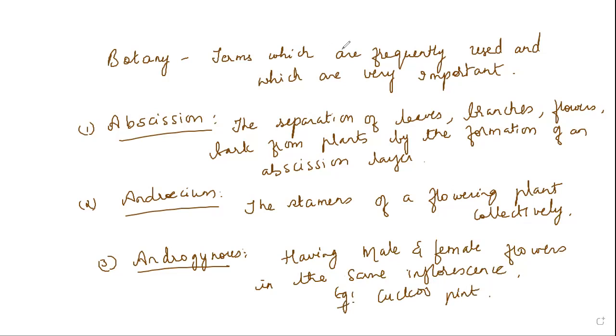Biological term, that is botanical term. Fourth one, we'll discuss briefly about anther. Anther is a terminal part of a stamen consisting usually of two lobes, each containing two sacs in which the pollen matures.